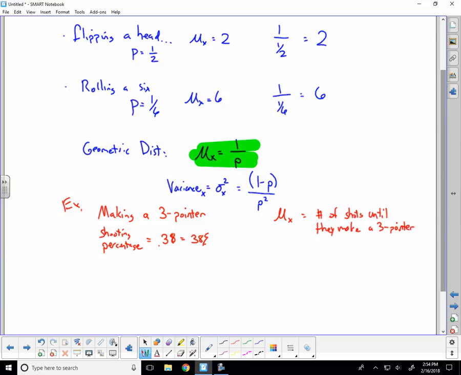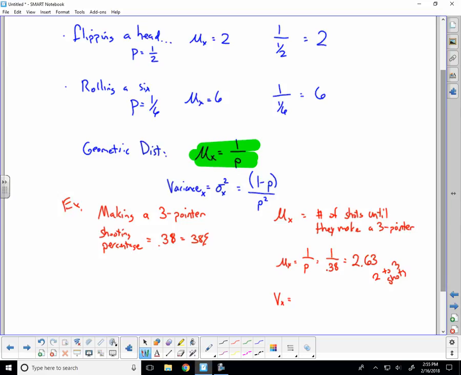In this case, that's going to be 1 over p, so 1 divided by 0.38. What do we get? And this is the number of trials. So it's saying it's between 2 and 3 times we should expect them to make their first three-pointer.